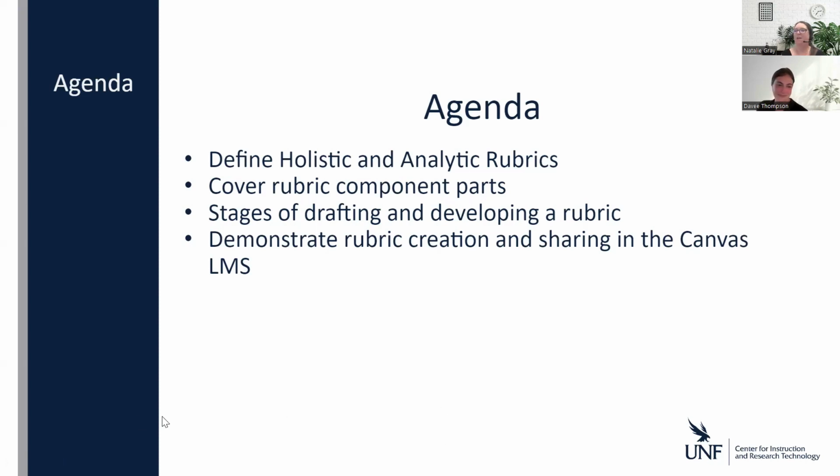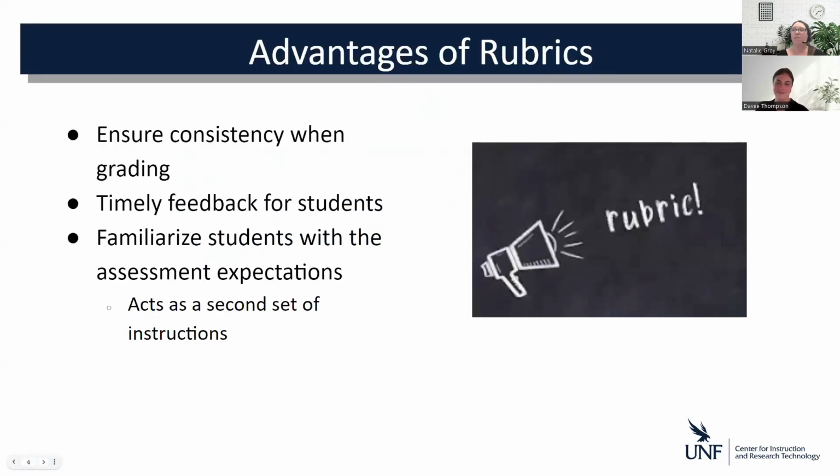Now we are going to talk about the advantages of rubrics. As you can see, one of the very first advantages to using rubrics in your courses is ensuring consistency when grading. This consistency could just cover yourself if you are grading multiple sections in a semester. You can also ensure consistency with grading in a class across multiple semesters.